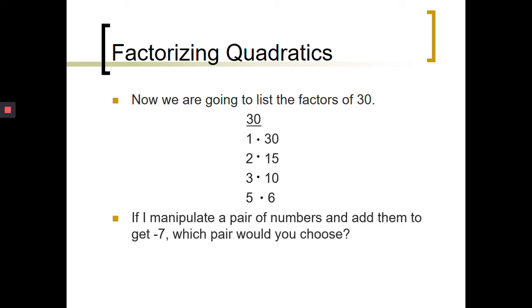Now, this is a very important question. I would say that this is the most important part of the lesson. Remember, I said that we need to rewrite negative 7x as two terms.